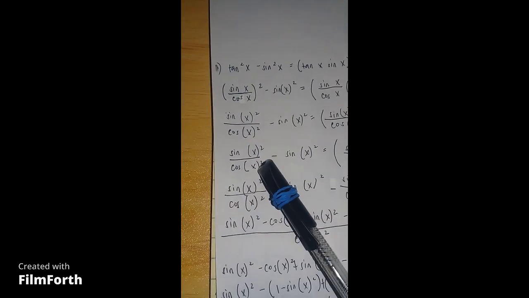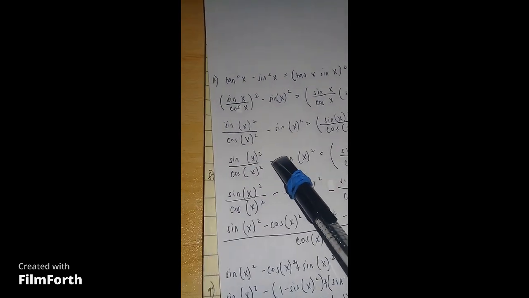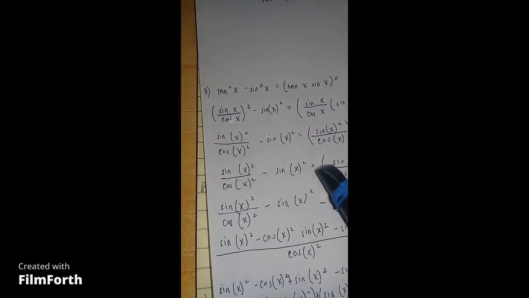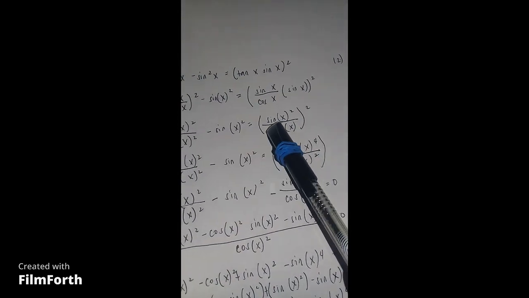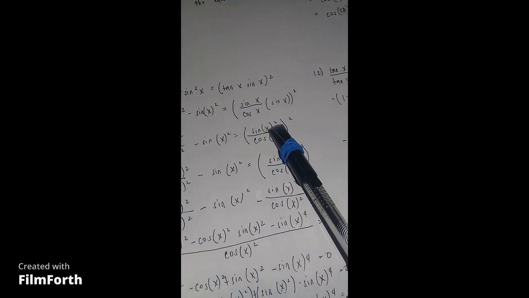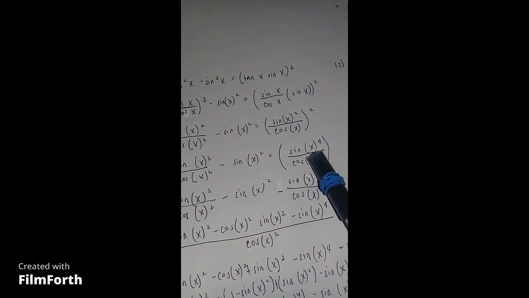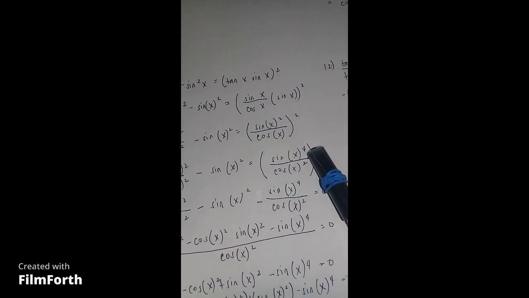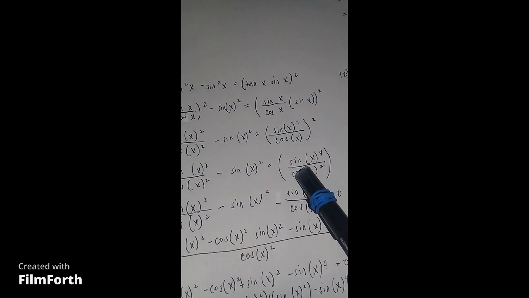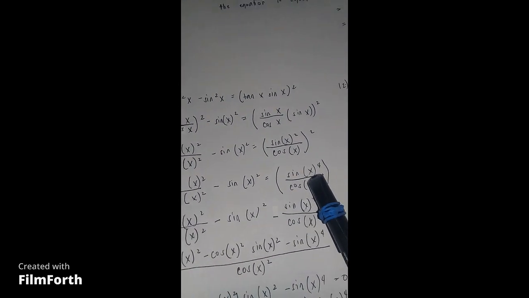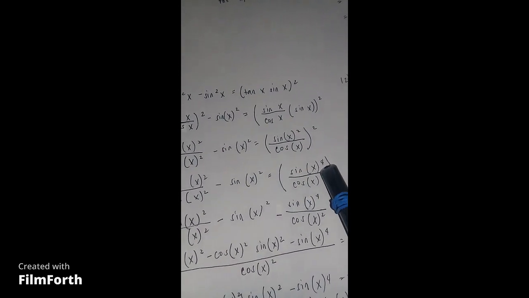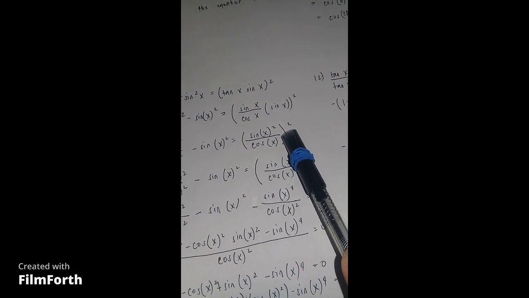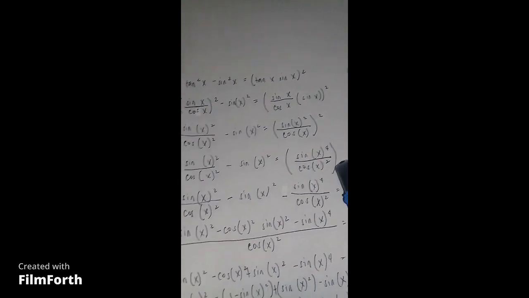Since sin x squared times squared is sine, rather, sine quantity of x raised to 4, and cos x times squared is cos x squared.